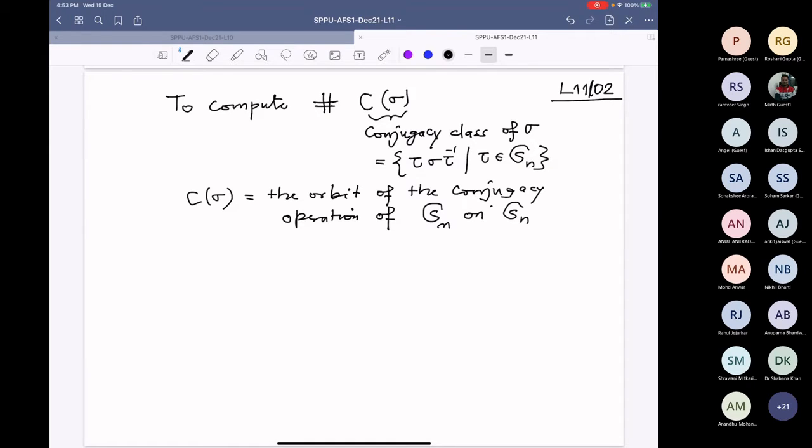The operation, it's clear now. It's a conjugacy operation. We have seen in general the conjugation operation of any group.